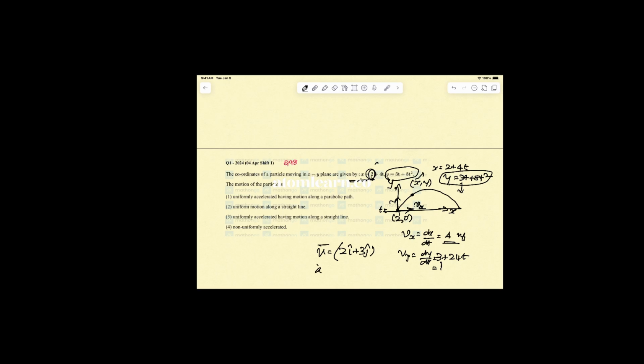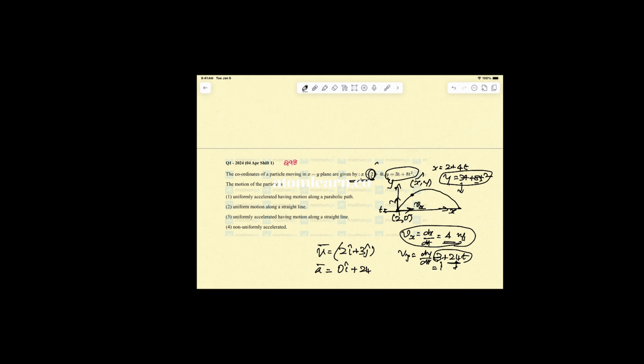And then what is the acceleration? Along the x direction there is no acceleration, because the velocity is constant 4. Therefore, acceleration goes to 0 i cap. Then the acceleration along the y direction is 24. Understand? No, not 24, it is 16, correct? Why?